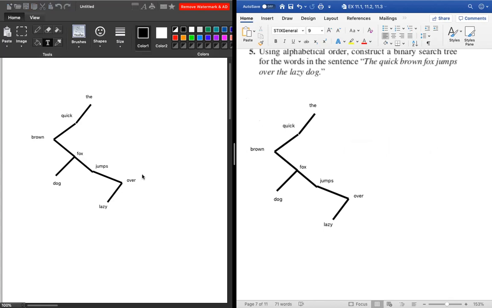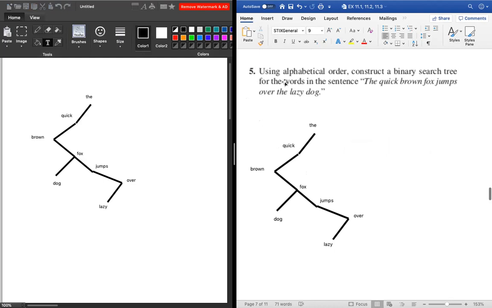Okay, so basically what we had to do is make comparisons in alphabetical order, right? We have to see which letter comes before the first one, or which alphabet comes before the previous one. And based on that path, we will construct our binary search tree.